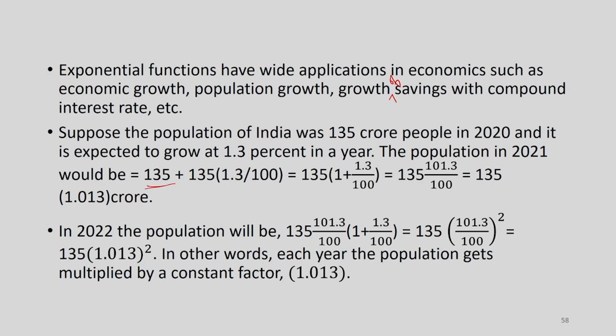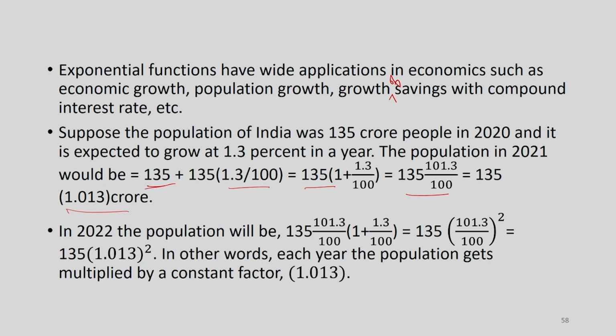Here the constant factor is 1.3%. What is 1.3%? It is 1.3 divided by 100, and one can take 135 common. Within the brackets you will have 1 plus 1.3 divided by 100, and if you simplify this, it becomes 135 multiplied by 101.3 divided by 100, and this can be written as 135 multiplied by 1.013 crore. So, this is the population in the year 2021.